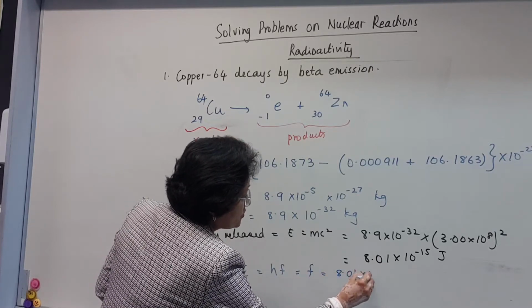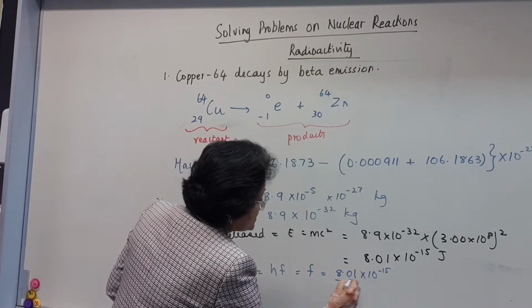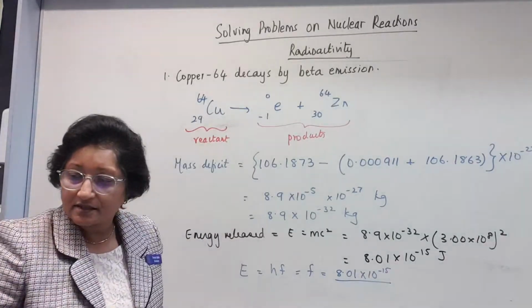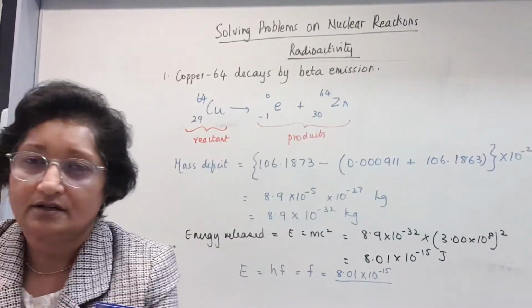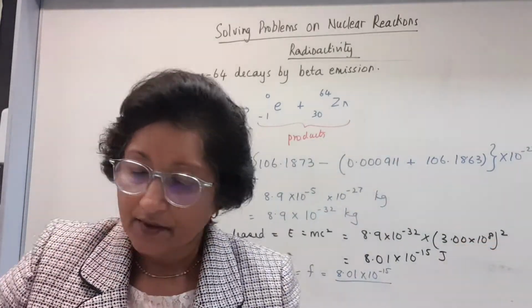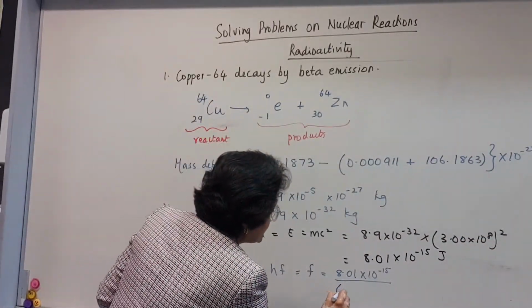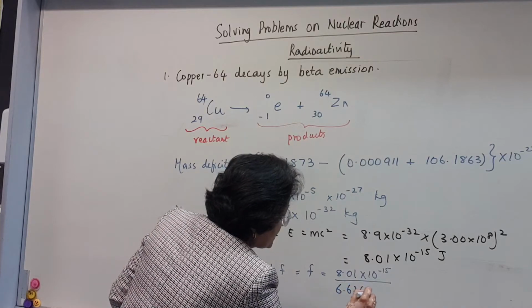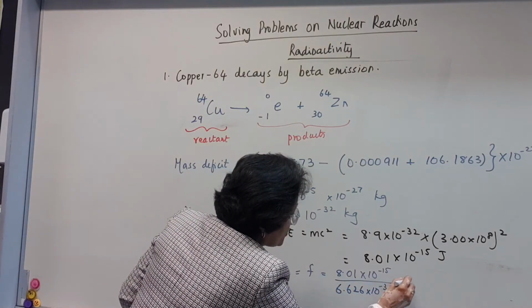Your energy is 8.01 times 10 to the power of negative 15, and Planck's constant is given on this sheet right here at the top. So we're going to use 6.626 times 10 to the power of negative 34.